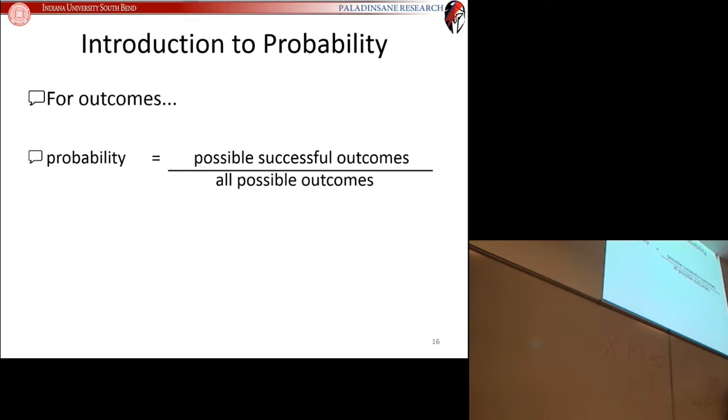You win when heads is flipped. For all possible outcomes, there's two. It can come up heads or it can come up tails. So we have 1 divided by 2, and that's why the probability of flipping heads is 50%. It's 1/2, 50%. That's where we calculate these probabilities.